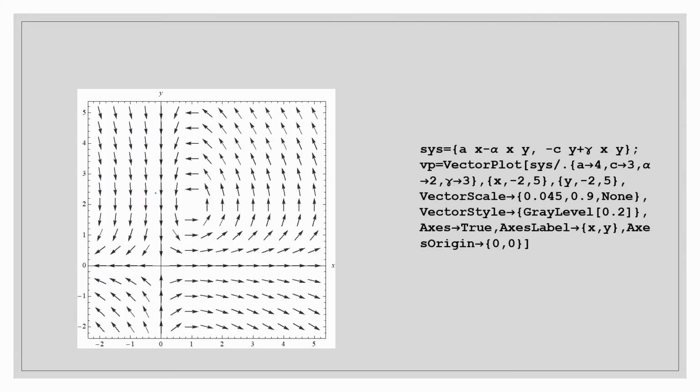So here I have drawn the vector plot for this system of differential equations. This can again be made by utilizing this Mathematica code. You can write this. This is the differential equation you have to put, and you can keep the parameter values as given over here, and this is the range.